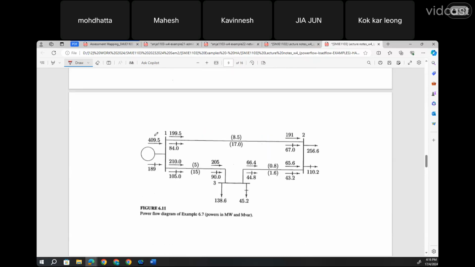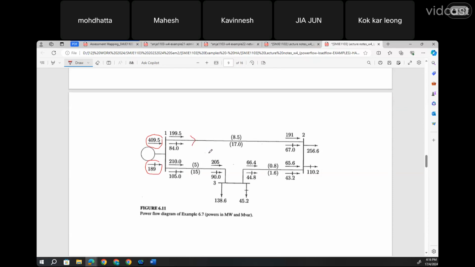Okay, using the voltage level, once we get the voltage level, we can get the slack bus power information. From the slack bus power information, we can calculate the current.